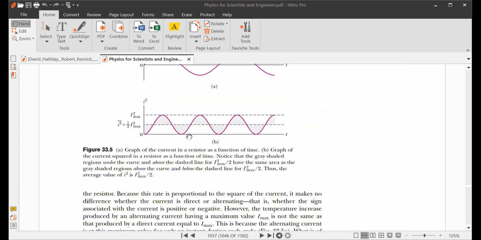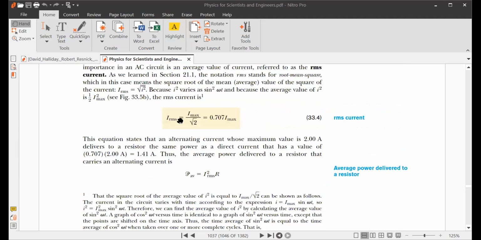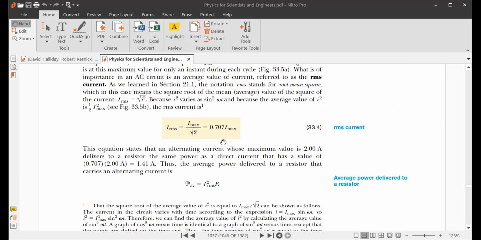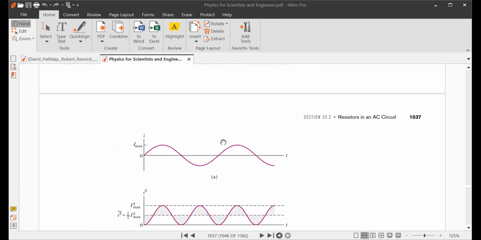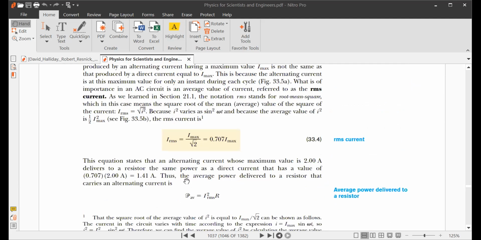About the power in the R circuit: as you see, because this I here depends on time, in this case we only consider the average of the power. Yes, okay. So this average here is I squared RMS times R, okay.